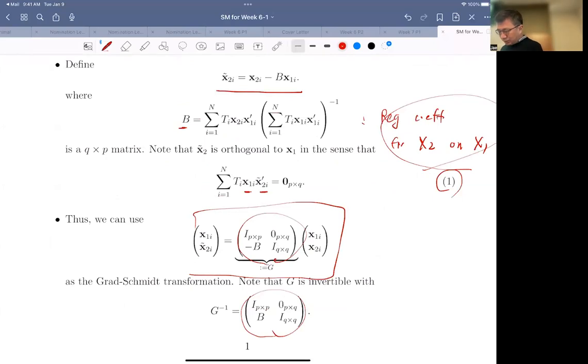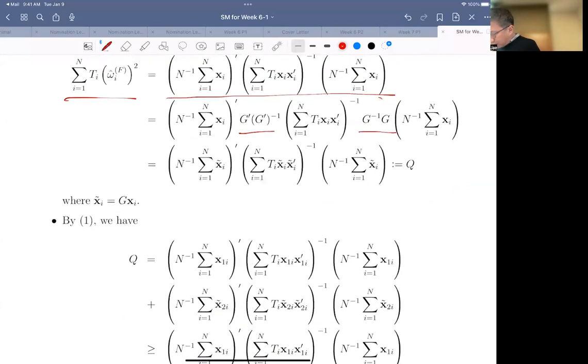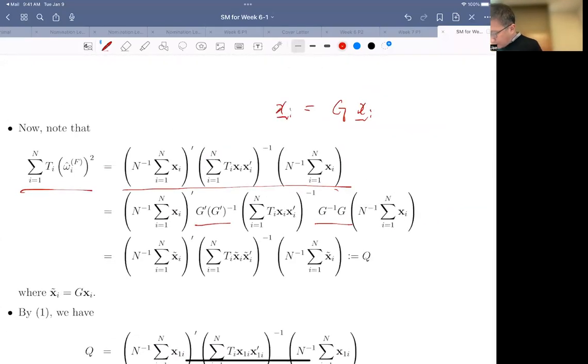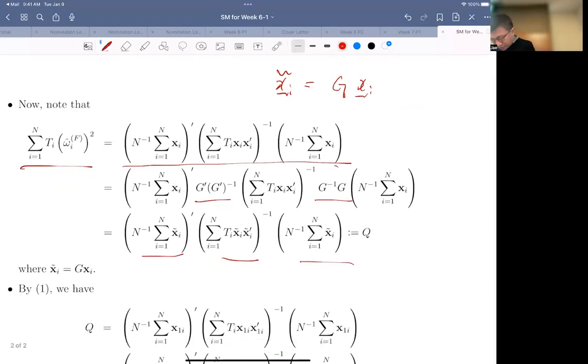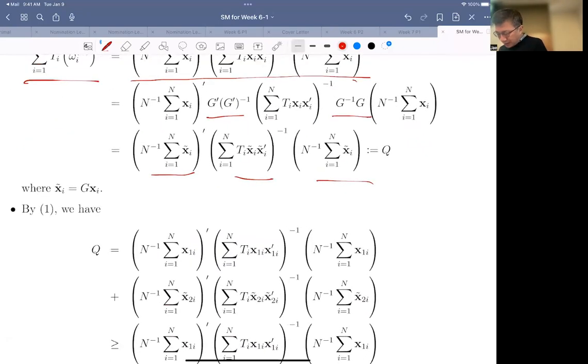So basically you can get X tilde. So you can get this result, which is orthogonal. Now X tilde has the same column space as X, but they are orthogonalized. So that means this is a diagonal matrix.